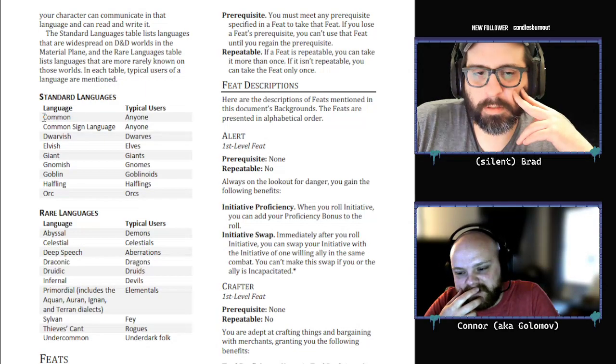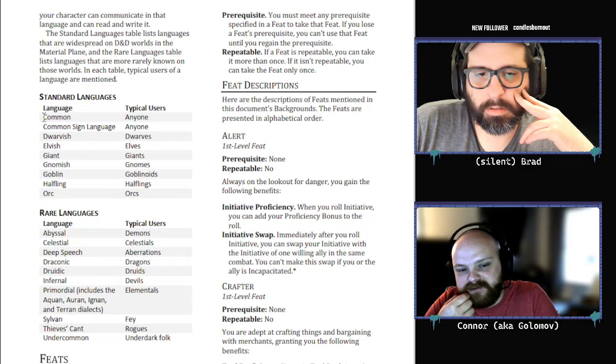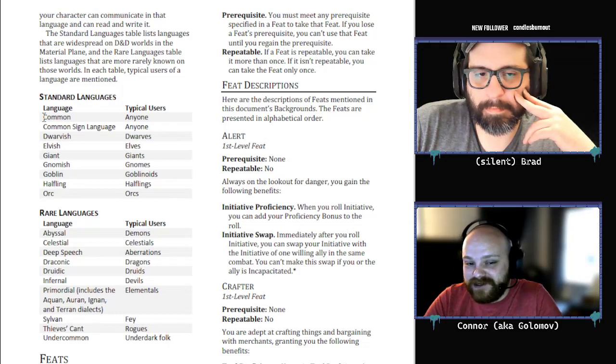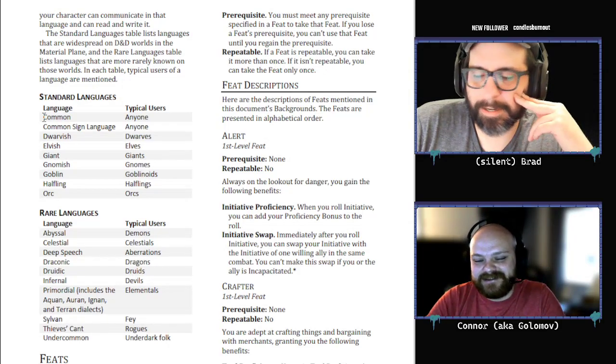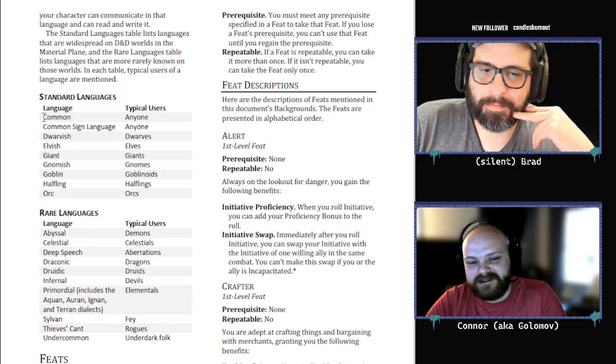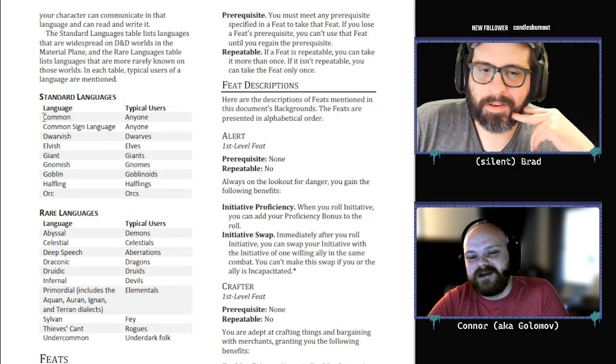I understand where they're going with it too. Everyone knows Common, so everyone knows Common Sign Language. It's their intended universal language.